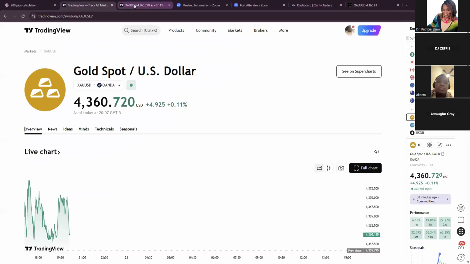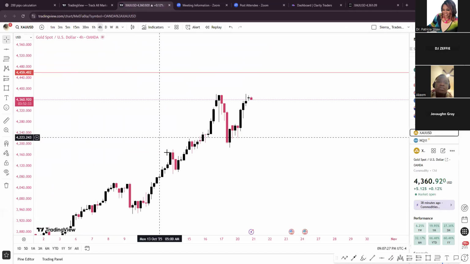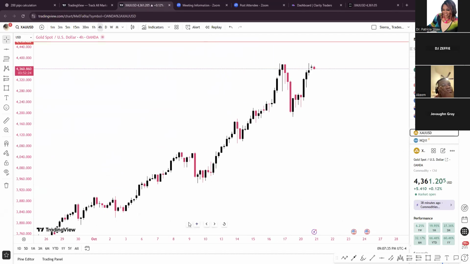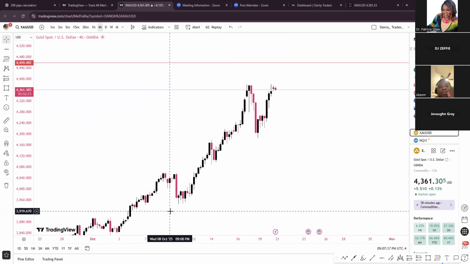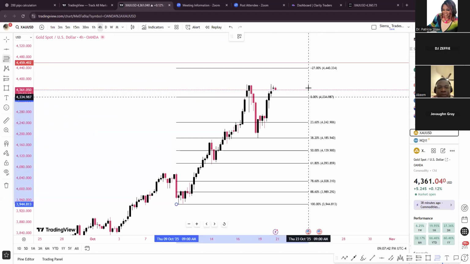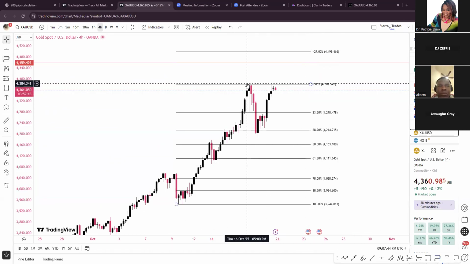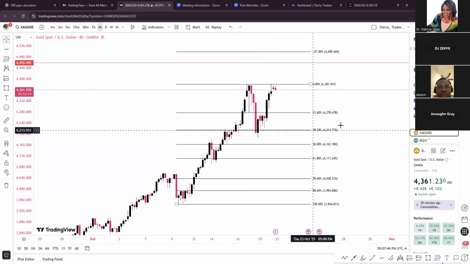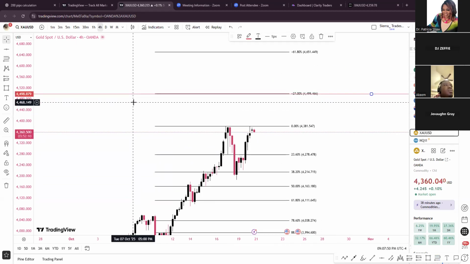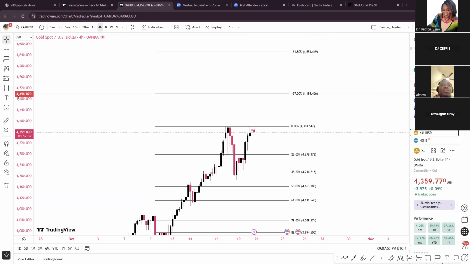And we come back over here to TradingView. Okay, y'all can see it. We put our fib on the bottom of our impulse here to our high. Price corrected back to the 382. Oh, I don't even have my fib number right. Okay, so the fib negative 27 is 44.98.